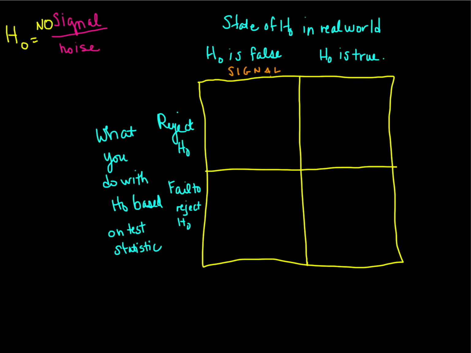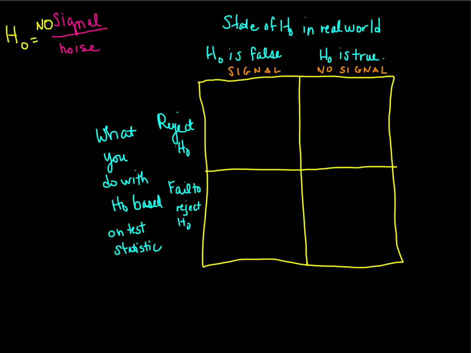There's a relationship, there's an effect, there's a difference, depending on your study. If H0 is true, we're saying there's no signal, or at least no detectable signal. Individuals who have a beef with null hypothesis significance testing, and rightly so, will say, well, there's never no signal. It might be very, very small or negligible, but there's never no signal. So we're not going to split that hair in this particular video, but realize that.